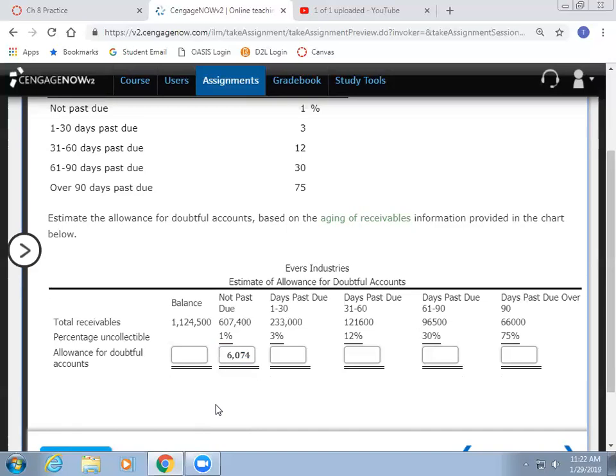I have 233,000 that is about anywhere from 1 to 30 days late. I estimate that 3% of that is uncollectible. So what's 3% of 233,000? 6,990. Good. In my next category, I estimate that 12% is uncollectible. So what's 12% of 121,600?